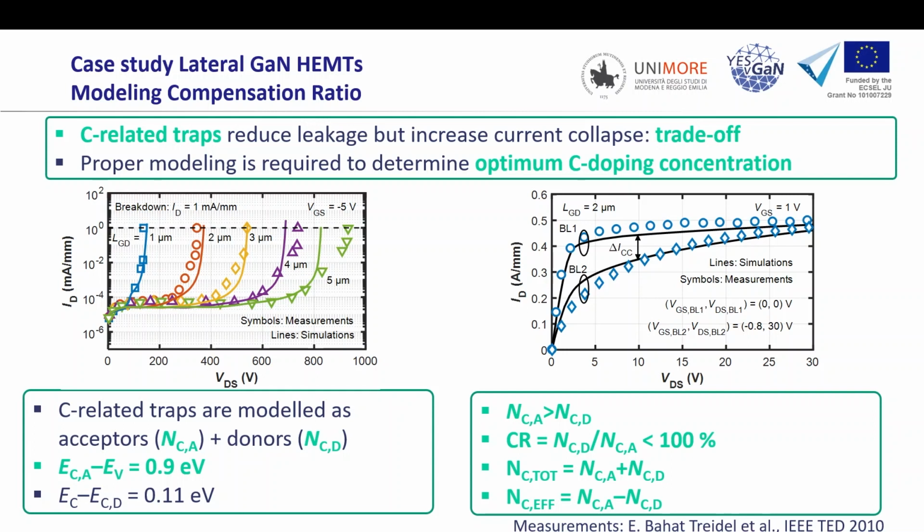So the main level would be 0.9 eV from the valence band, and the donors will be closer to the conduction band. But the important point here is that the concentration of acceptors will always be higher than the donors, and you can define a compensation ratio here that we will see has an influence on both these parameters. So you can determine the concentration by combining the experiments.